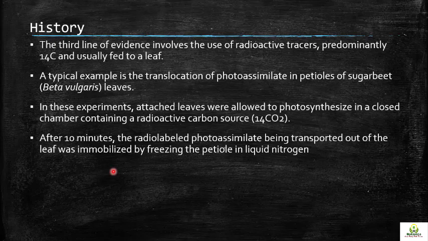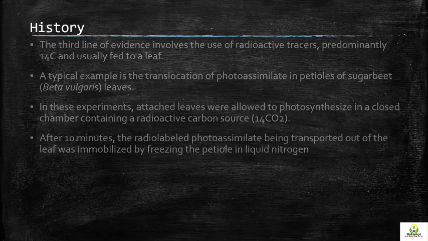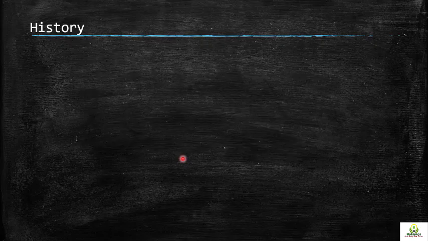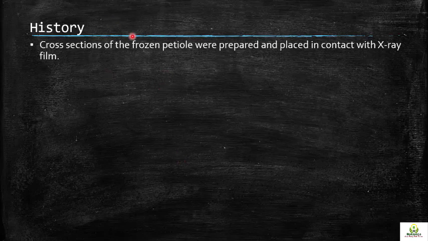It was restricted from moving from the petiole to other parts of the plant, because in the petiole the transportation occurs through a tissue, and we are concerned with knowing which tissue in the petiole is responsible for the transport. Liquid nitrogen froze the petiole and the leaf, and cross sections of the frozen petiole were prepared and placed in contact with X-ray film.